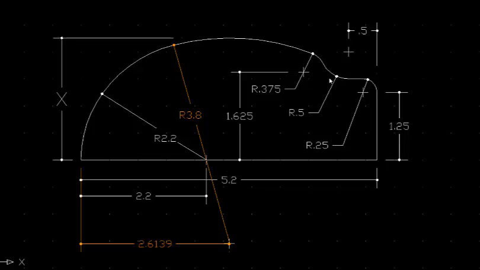So anytime that I have two radiuses that intersect each other, you know that that's going to be a hypotenuse. So from here to here, that would be a hypotenuse. From where this 3.8 connects to the 2.2, that's going to become a hypotenuse as well. So the 2.2 is going to probably come right up to about here, so that it comes in a straight line.